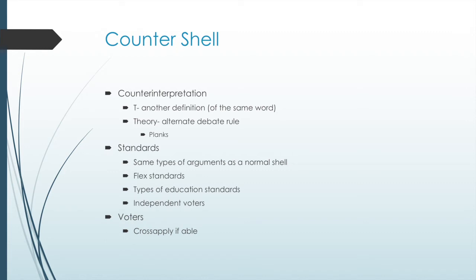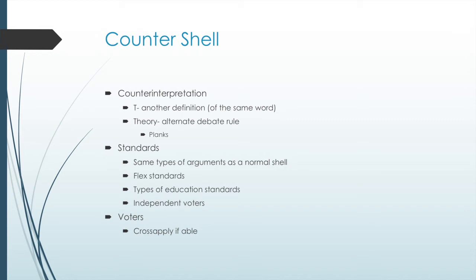So accessibility, if you can prove that your rule is better for small schools or for underprivileged debaters or something like that, then you can convince the judge to vote off of that because accessibility is a uniquely important issue.